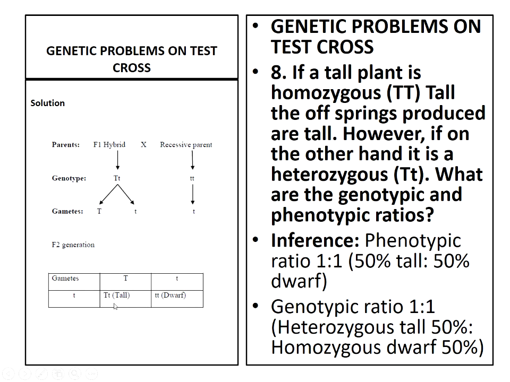The tall is heterozygous in condition and the dwarf is homozygous in condition. The phenotypic ratio is 1:1, that is 50% tall and 50% dwarf, and the genotypic ratio is also 1:1, that is heterozygous tall, capital T small t, 50%, and homozygous dwarf, small t small t, 50%.